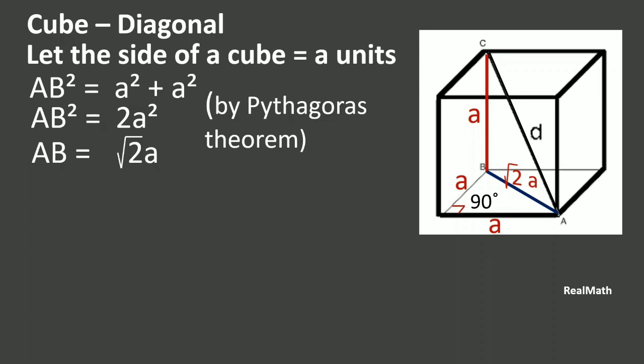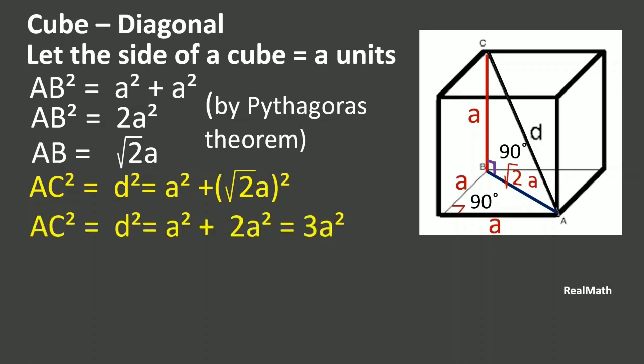Now we got root 2 into A for AB. Then we have to find out the value of D, that is diagonal. Now look at the picture. Again there it is 90 degrees. Now again using Pythagoras theorem, we know the other two sides of the right angle triangle. So we have to find out AC squared. AC squared is equal to D squared, that is equal to A squared plus root 2 into A the whole squared.